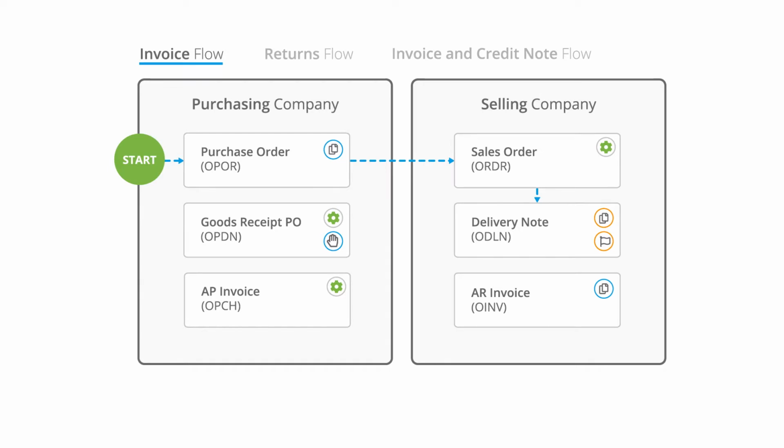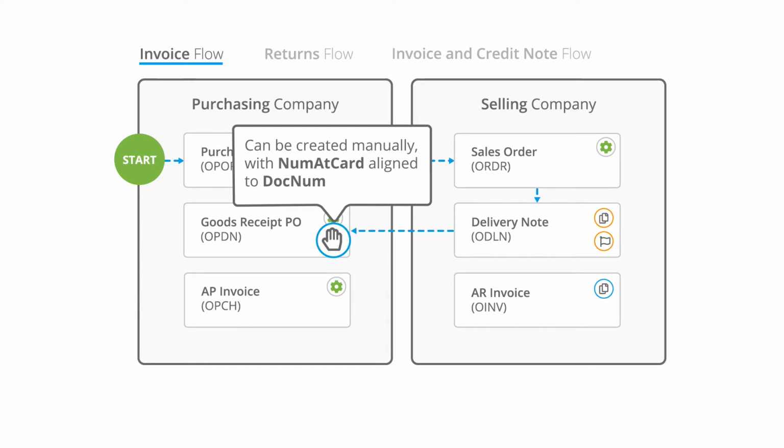The user then creates a delivery note in SAP Business One using copy to, with the option of setting a UDF flag. If a flag was set on the delivery note stage, a goods receipt PO can be automatically created by BPA Platform. Alternatively, this can be created manually with num@card aligned to docnum.